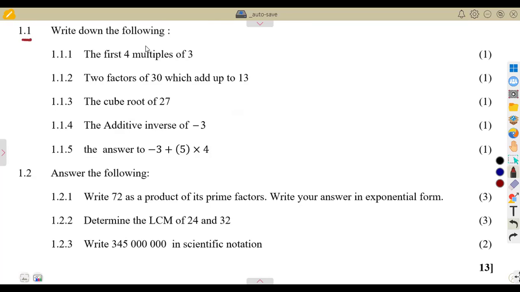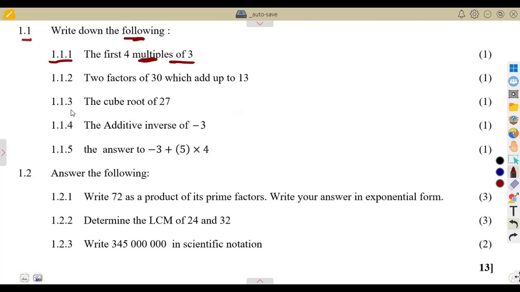1.1, we were given, all right, write down the following from this information. Okay, write down the following. 1.1.1, the first 4 multiples of 3. The multiples of 3, right?